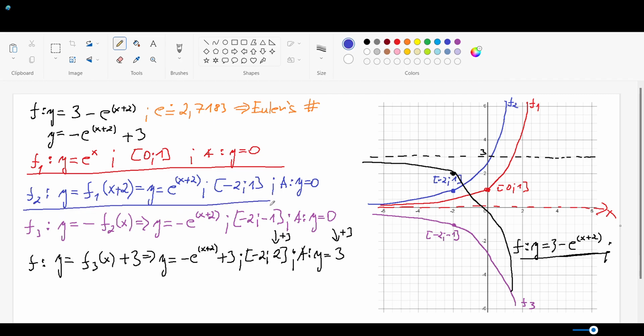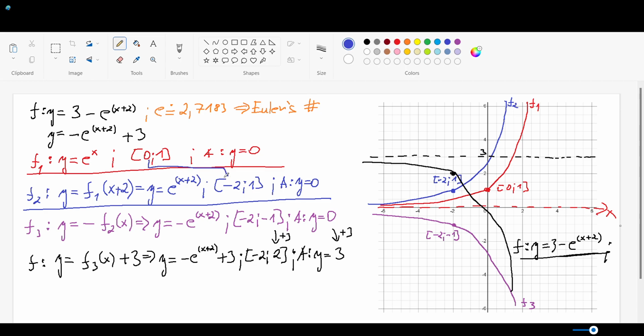Then we applied the first transformation: we add 2 to the argument of the function, which means you take away 2 from the x coordinates of all the points of the parent function.